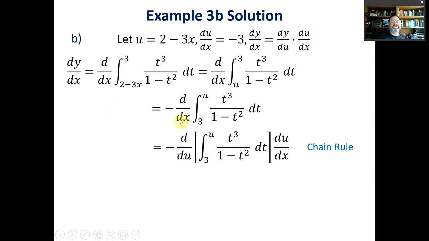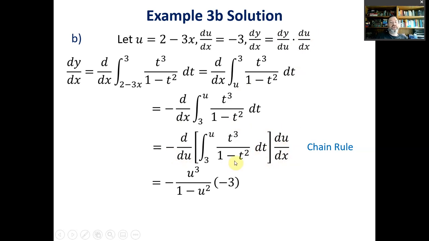So instead of d/dx of this, I'm going to take the derivative with respect to u here. So now we have dy/du. But I have to multiply by du/dx because of that chain rule. So when I replace dy/dx with dy/du, I need to tack on the du/dx from the chain rule. That negative stays out front.